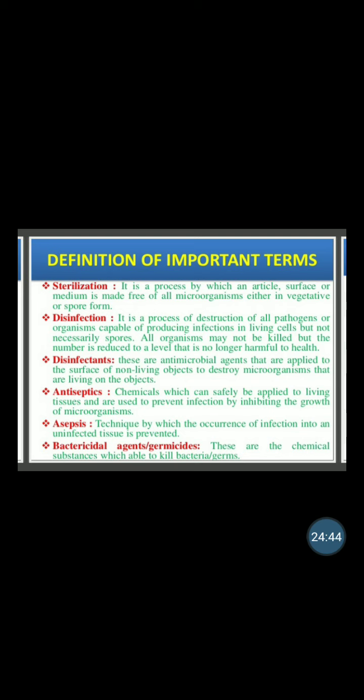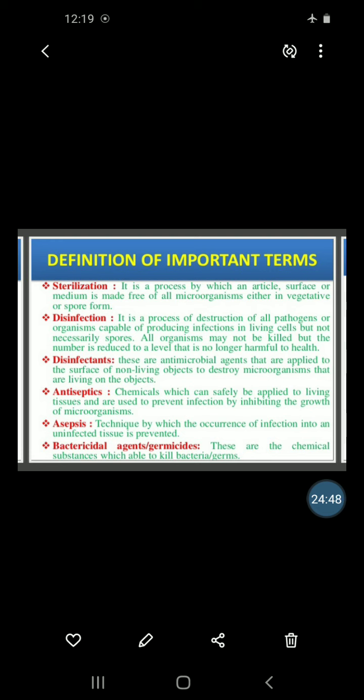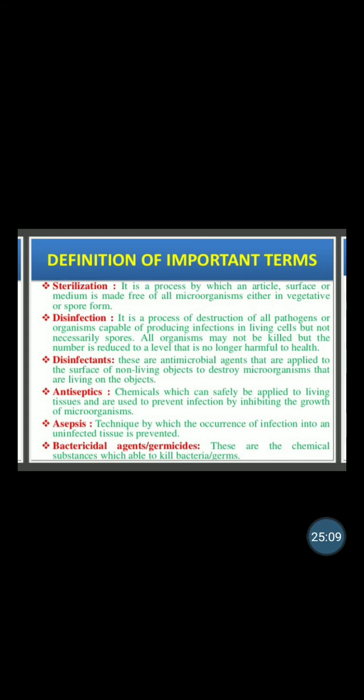The hot air oven is also used for sterilization of fixed oils, powders, for example zinc oxide powder, talcum powder, glycerin, liquid paraffin, propylene glycol, waxes, and other materials that are either spoiled or not effectively sterilized by moist heat sterilization. So these are the applications of dry heat sterilization.